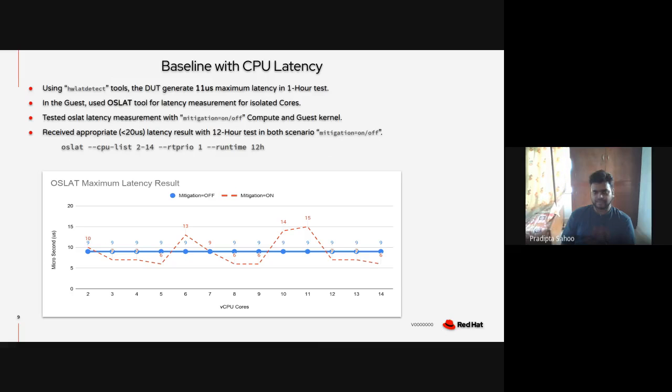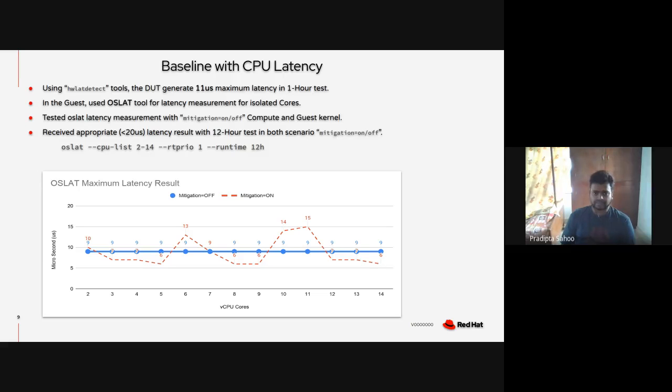Referring to the statistics, all the vCPUs reached a maximum of 9 microsecond latency. But when we tried with mitigation on, the statistic is not really deterministic compared to the previous result, and it also achieved a maximum of 15 microseconds.